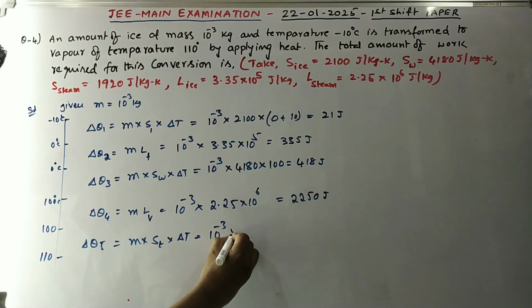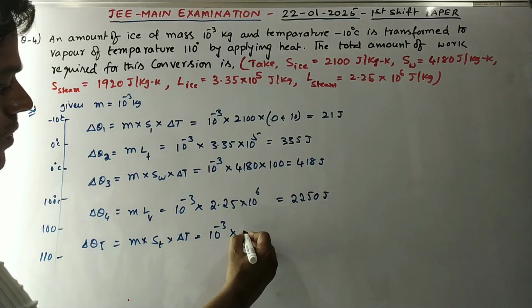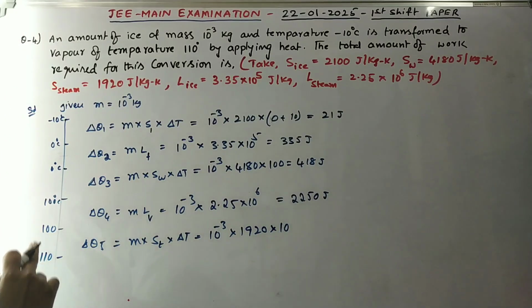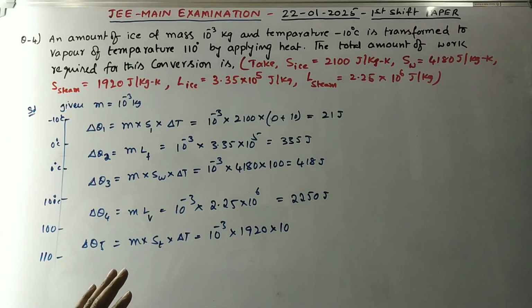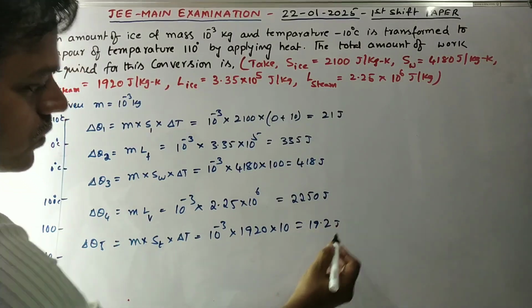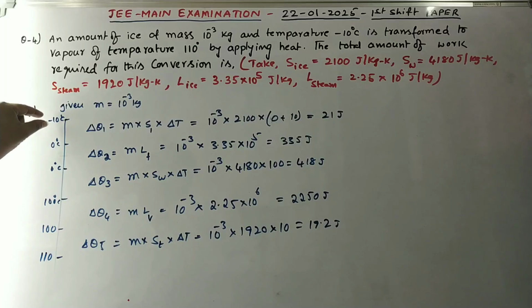That is 10 power minus 3 into specific heat of steam, 1920, into rise in temperature, 110 minus 100 equal to 10. So which is equal to 19.2 joule.